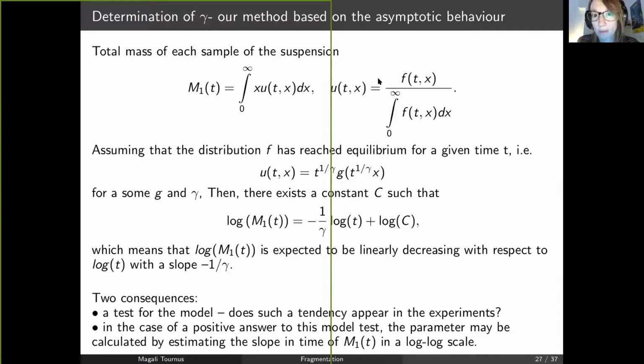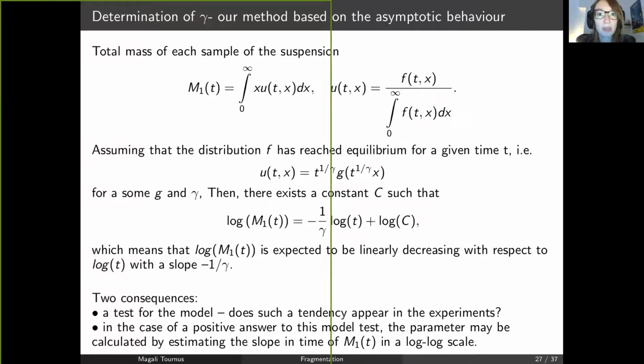size distribution. Now if we define M1, which is the mass of U, and assuming that the distribution F is close to the equilibrium, it means that F is equal to t^2 divided by gamma G of t^(1/gamma) x. So U, just using the formula above, is equal to t^(1/gamma) G of t^(1/gamma) x.